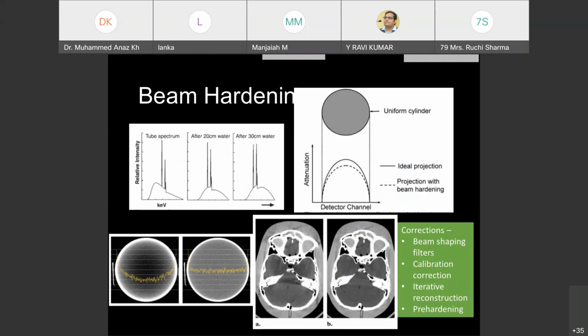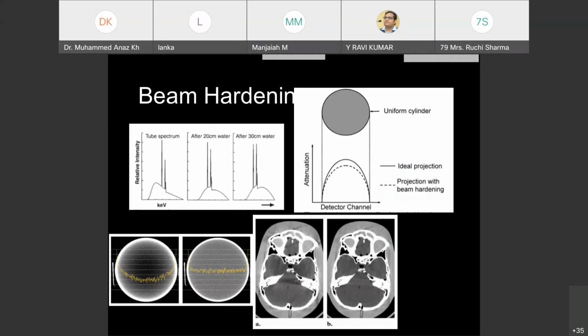Another important thing that one should be aware of is the beam hardening issue. For example, if you use a cylinder and expose it to radiation, the attenuation will not be uniform.